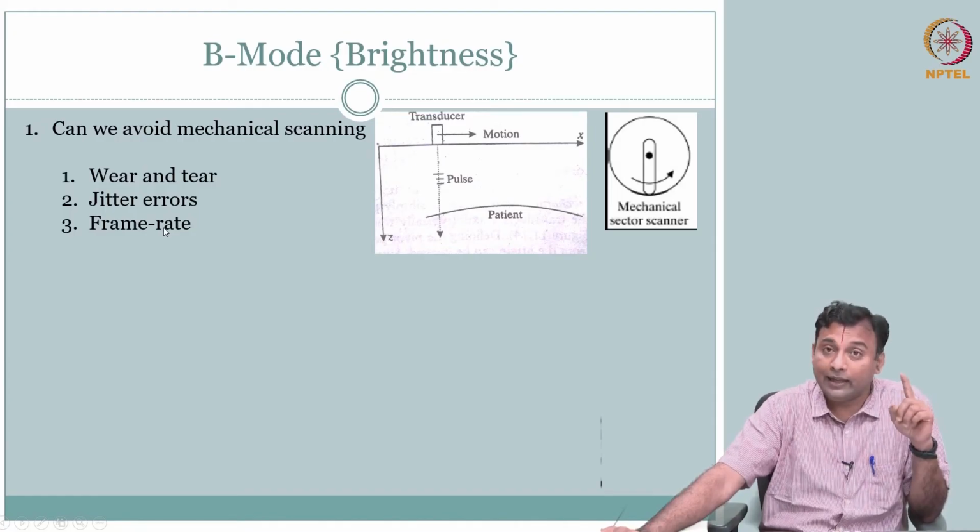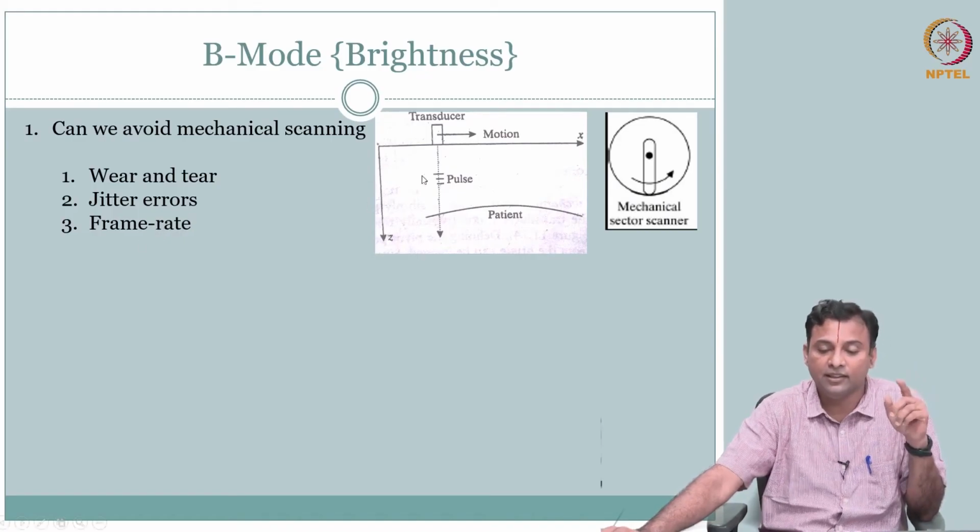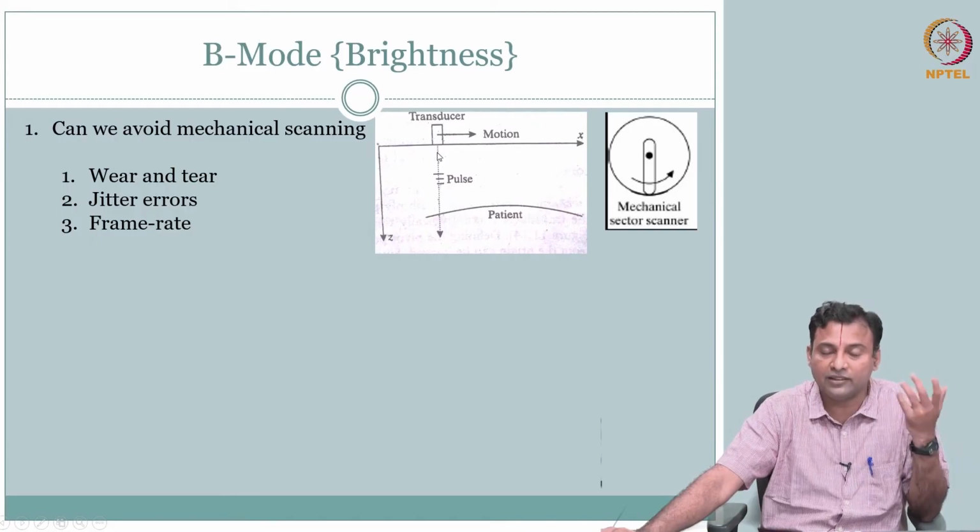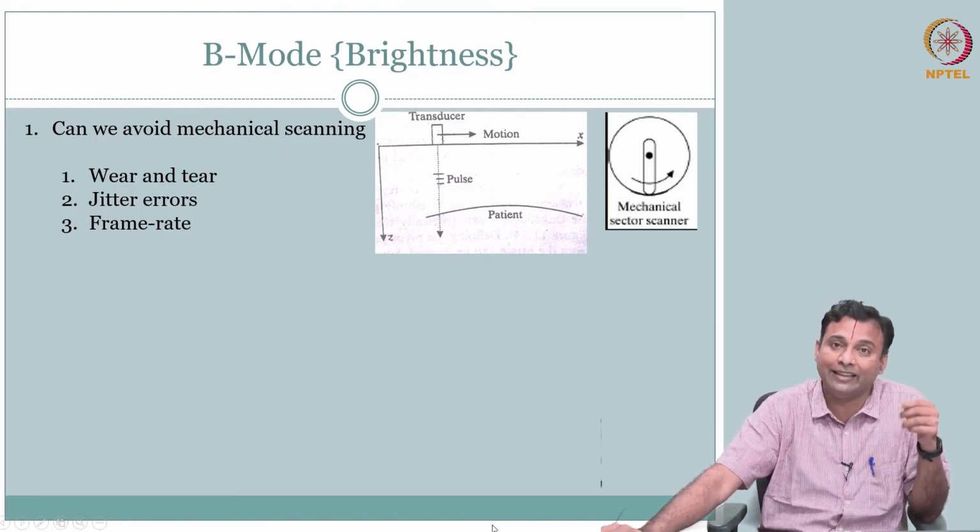Unlike CT or in electromagnetics, right, the wave speed there was not an issue, whereas here speed is, the sound has to travel. So that is a very small fraction compared to your light or electromagnetic waves. So the frame rate will be severely limited if you have to stop at every location, wait for the deepest location, the depth of penetration that we covered, right.